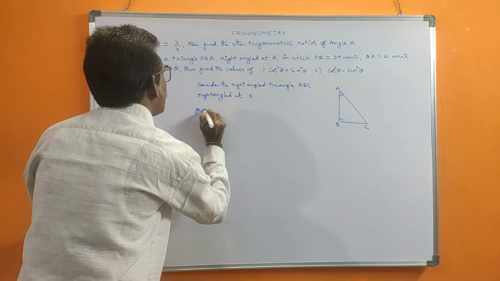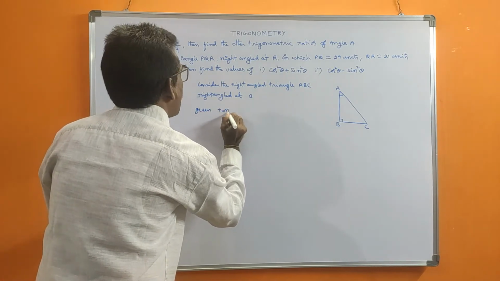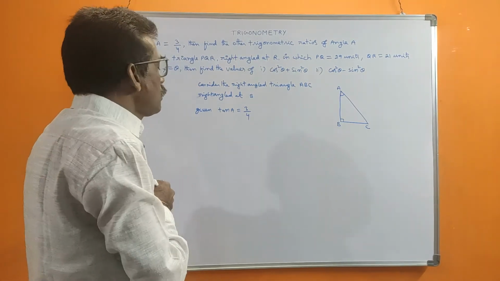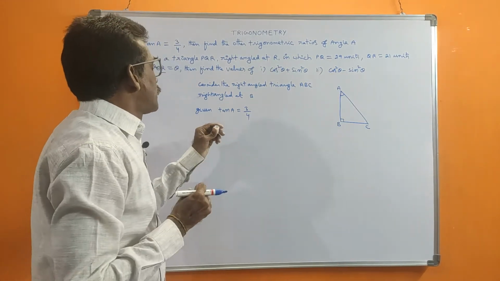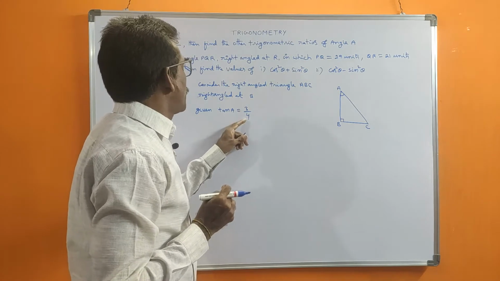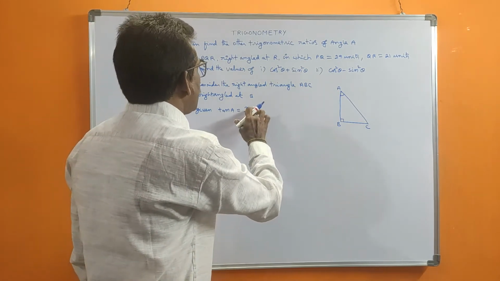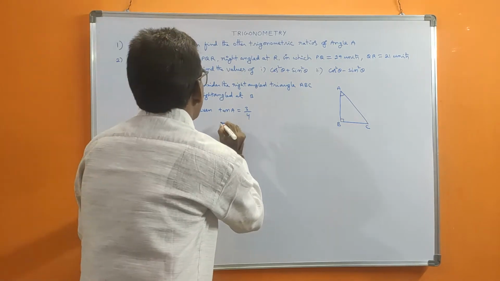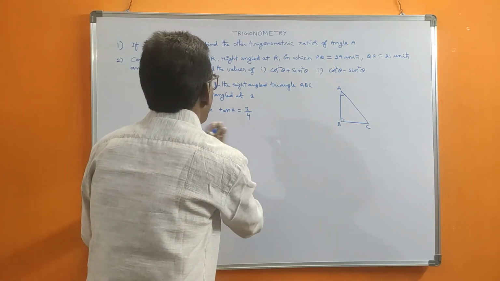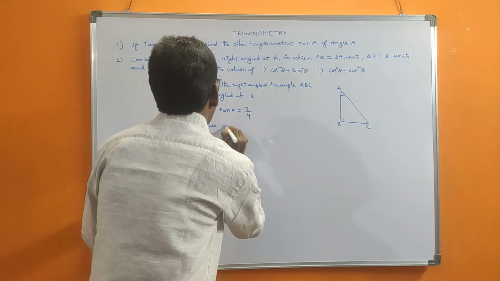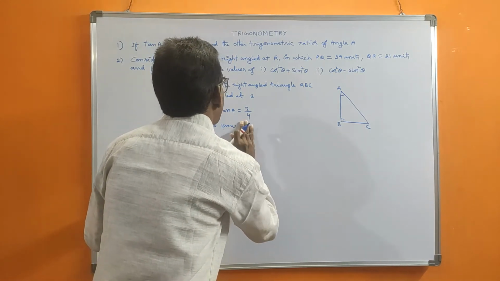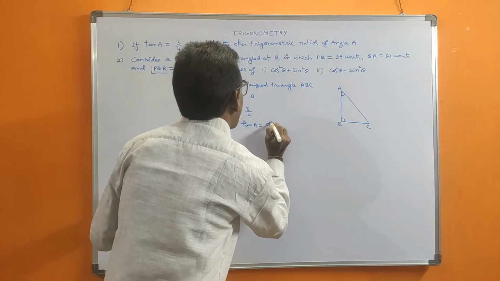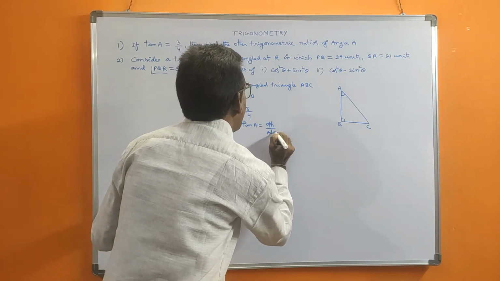What is given in this? Tan A is equal to 3 by 4 given. Now tan A, the formula you know, is opposite side by adjacent side.